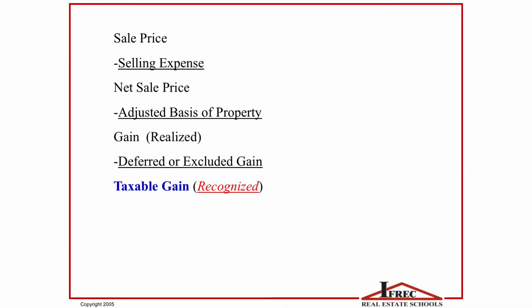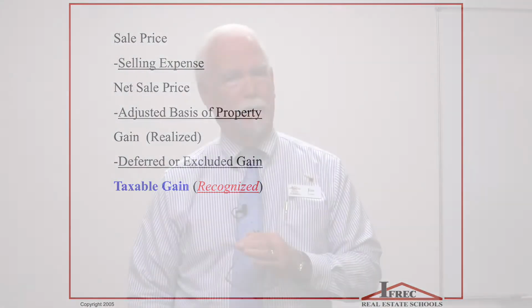Provided the property has been held for more than 1 year, it will qualify for a long-term capital gain tax treatment. This is called recognized gain. And currently, the maximum rate that you are usually going to see is 15%.